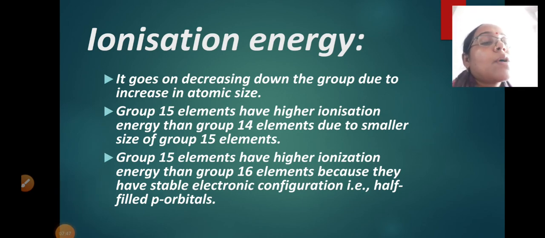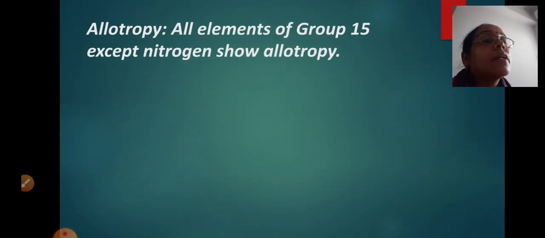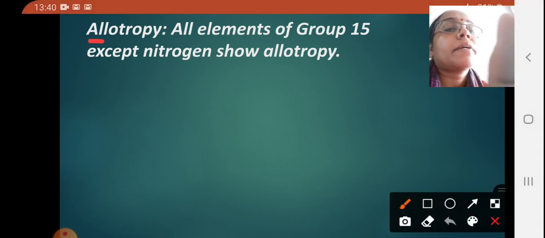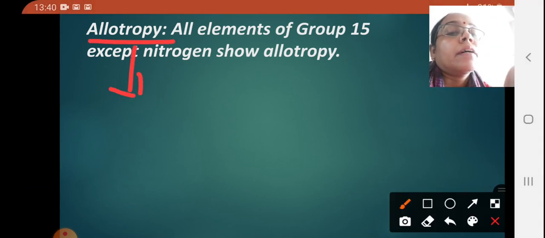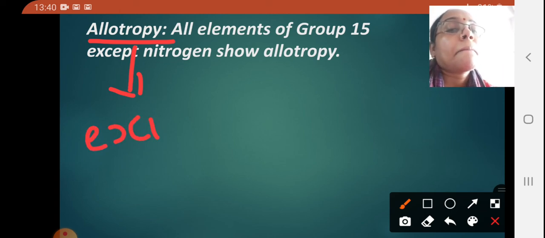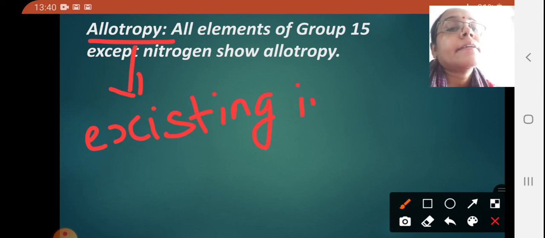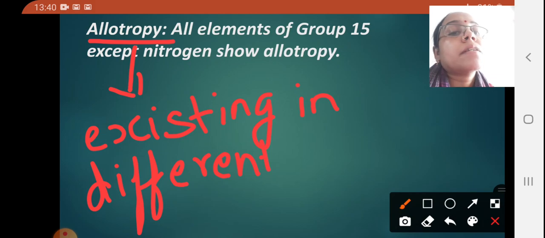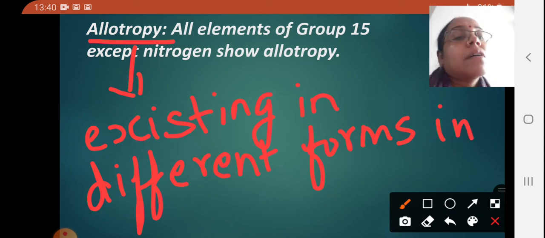Now we will discuss one more point here. So here we go with the next point, allotropy. What is the meaning of allotropy? Existing in different forms in nature.